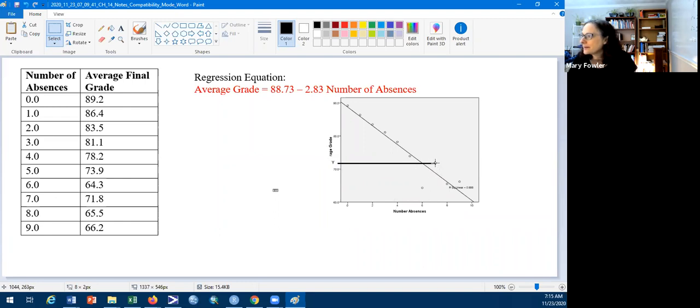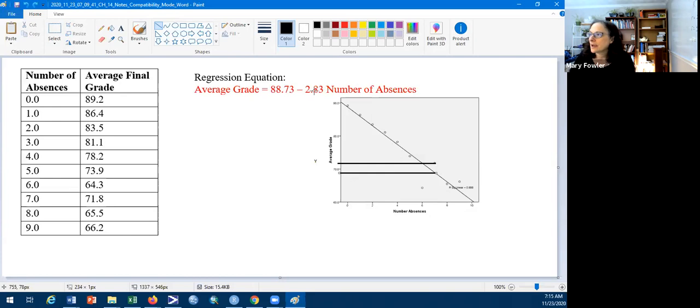So y hat is going to be if I take 7 and I go straight up to the line, that's going to be my value of y hat. So it's going to be right here. And I'll bring it straight across. Let's go ahead and choose the line here. So this is the fitted value of y.